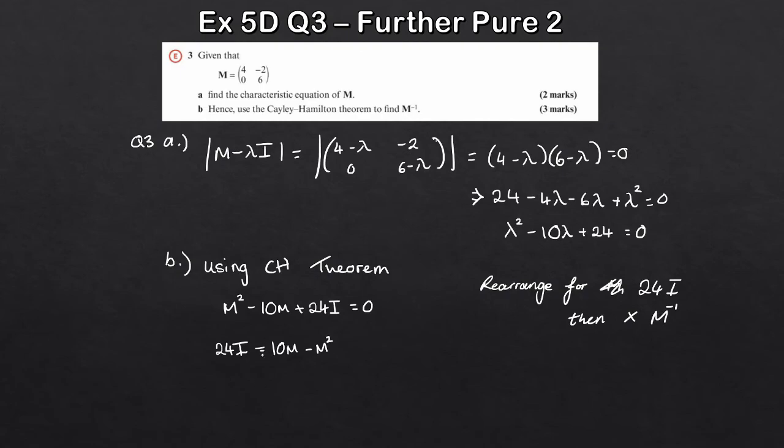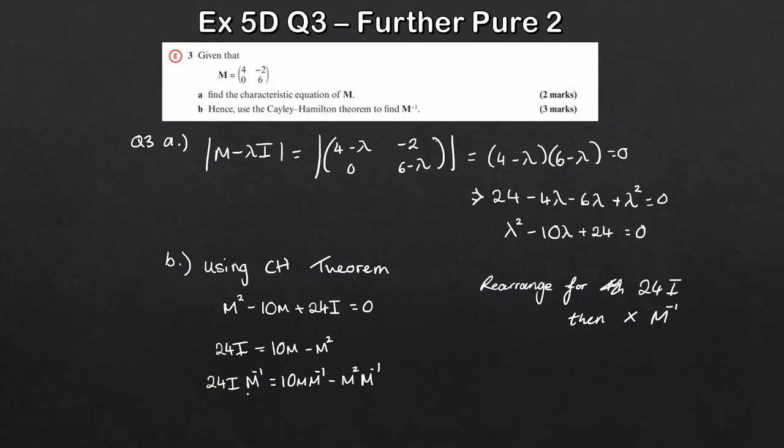If I times both sides now by M inverse, remember the identity matrix essentially acts as 1. So I'm going to do 24I times M inverse, which is equal to 10M times M inverse minus M squared times M inverse.